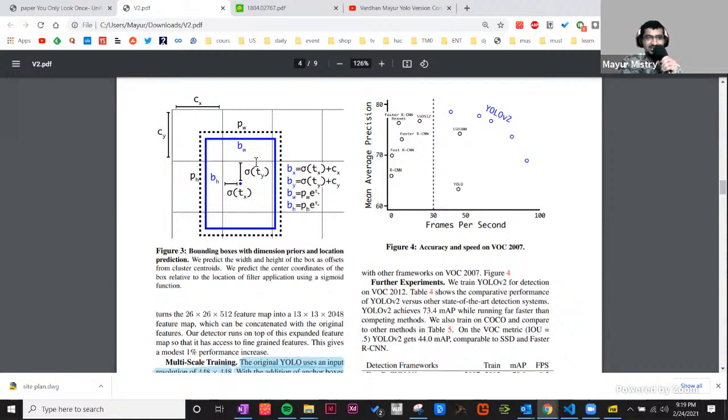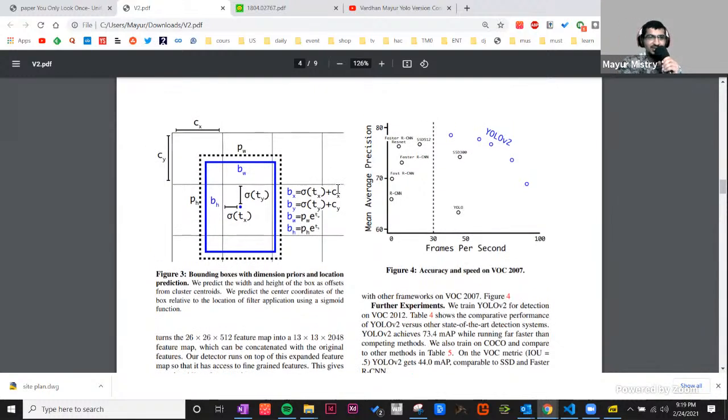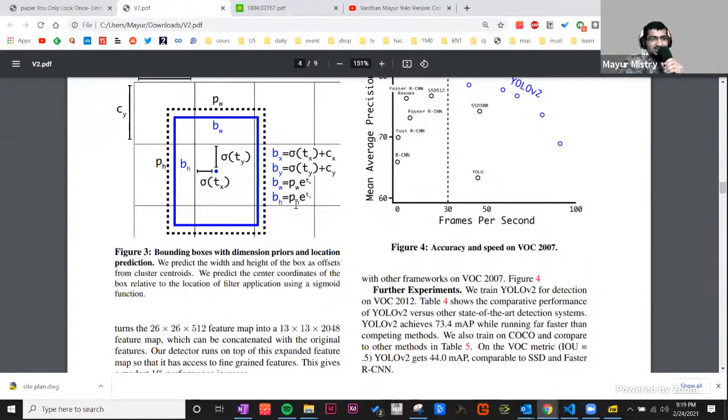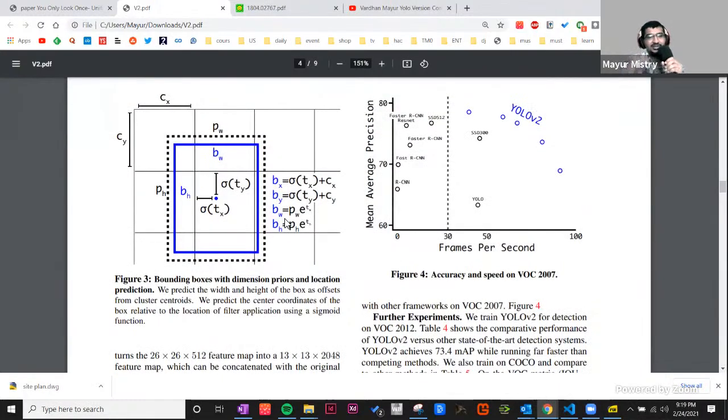They were normalizing to the whole grid from 0 to 1, and then predicting values for that. I'm not sure whether it was true for YOLO V1 or V2, but I recall that instead of predicting the exact width and height of the anchor box, they normalize the whole grid cell into 0 to 1 and then predict values relatively based on that. Yeah, that's right.